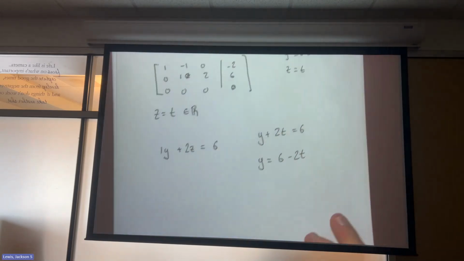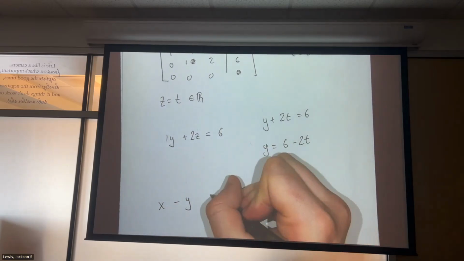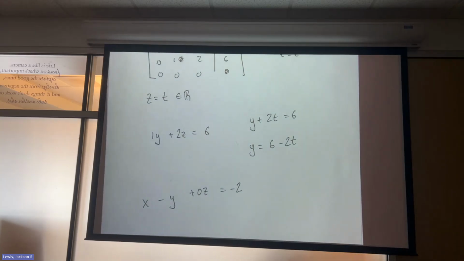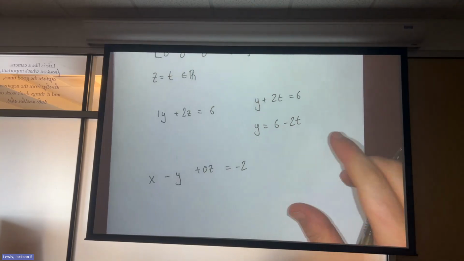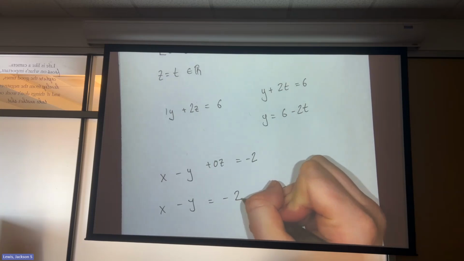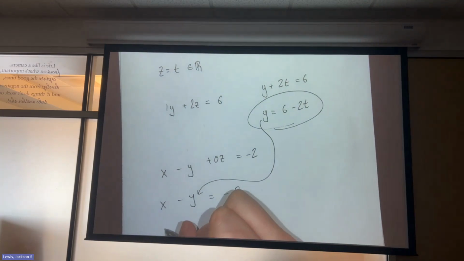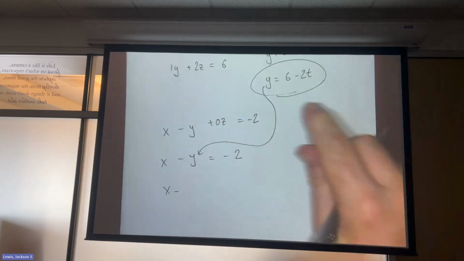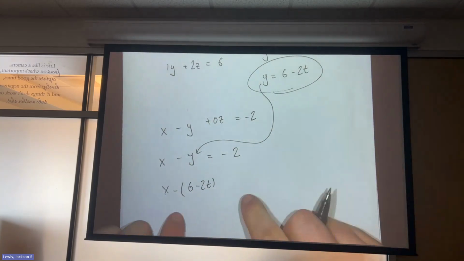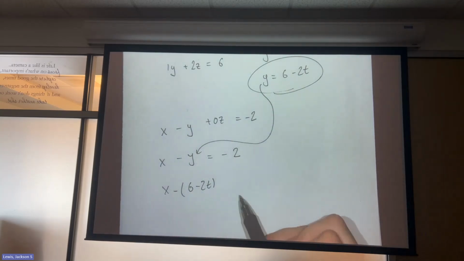And I can go to the first equation that tells us that x minus y plus 0z equals -2, and I can use this solution of y to solve for x. So x minus y equals -2. y is this right here, so x minus this quantity, 6 minus 2t. Remember when you're subtracting a whole quantity, put it in parentheses, because your negative sign will distribute.